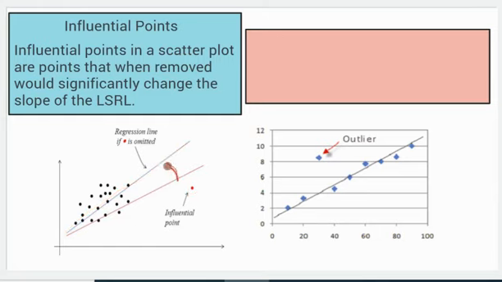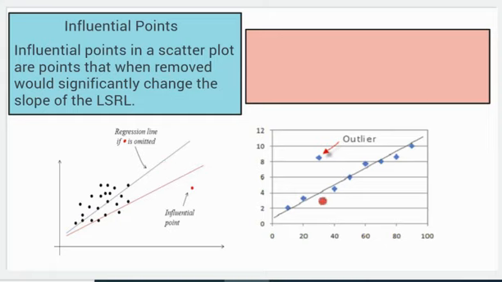We can see that the difference between these two lines is pretty significant. The slope has definitely changed. So not only does this point over here have leverage because it is an outlier in the x direction, but it also has influence because when it is gone, the slope changes significantly.